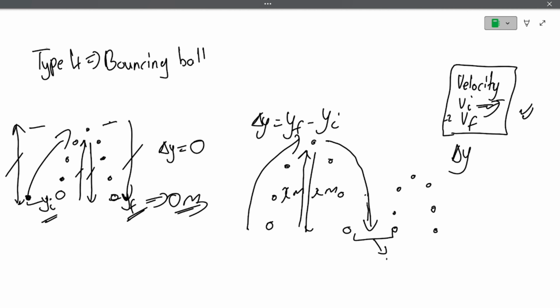But sometimes they do tell you that the bounce is elastic, meaning that no energy will be lost here. If there is no energy lost, they tell you that it is elastic. That's when all the bounces will be equal in the distance covered, equal in velocity, and equal in everything.